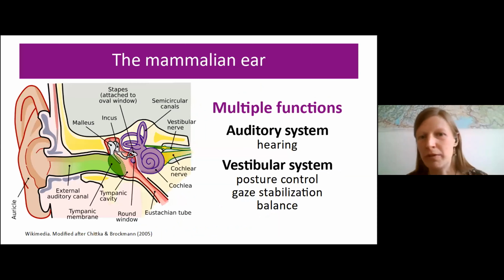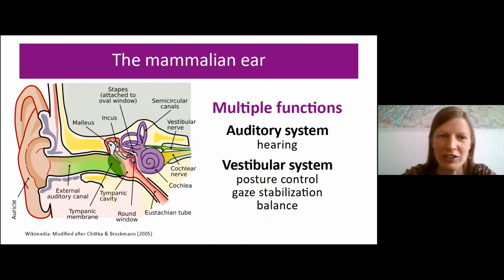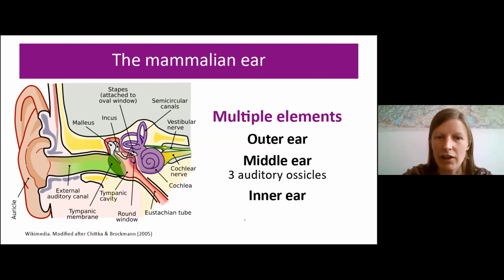First, just a reminder about the mammalian ear. It's involved in multiple functions, with the auditory system for hearing and the vestibular system involved in balance, posture control, and gaze stabilization. It has several elements in 3 parts. You have the external ear with the auricle and the external auditory canal.